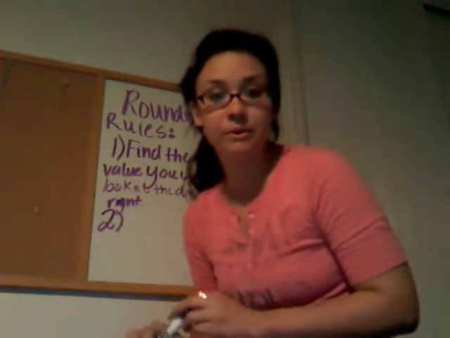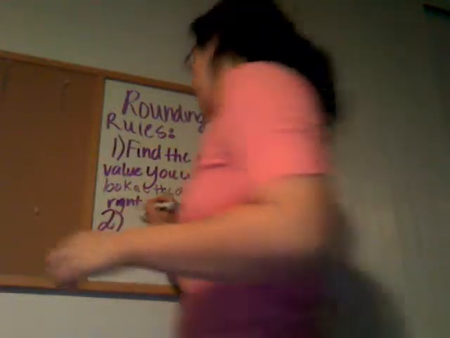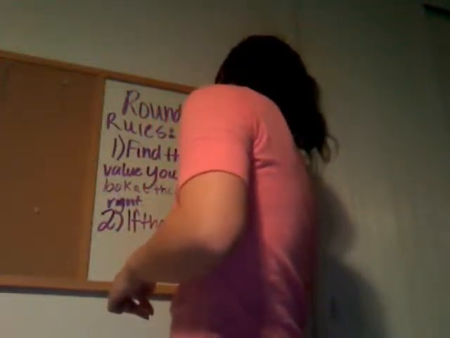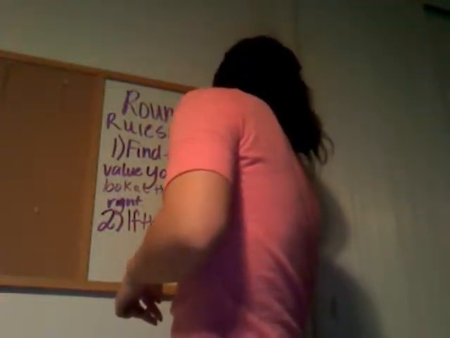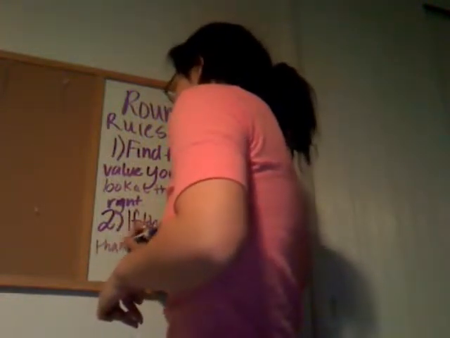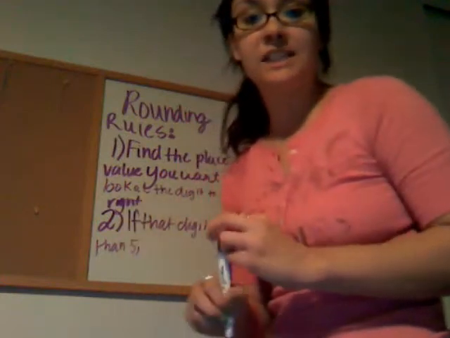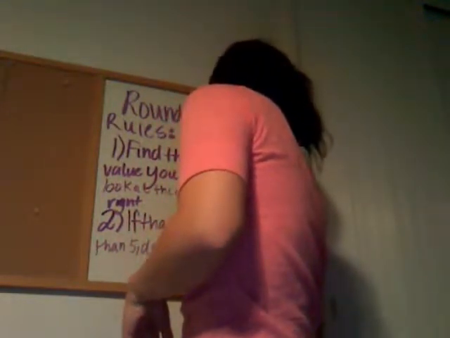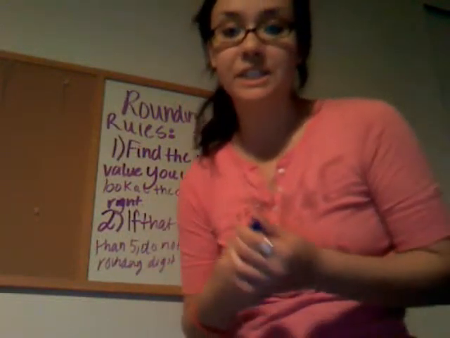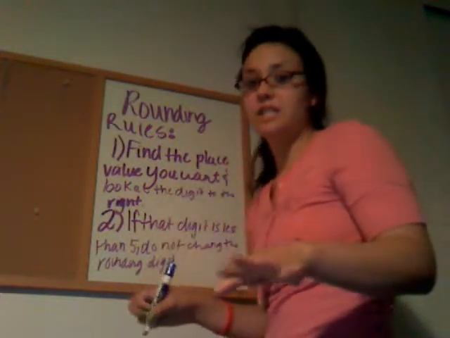That's rule number 1. On number 2, we're going to write down: if that digit is less than 5, do not change the rounding digit, but drop all digits to the right.